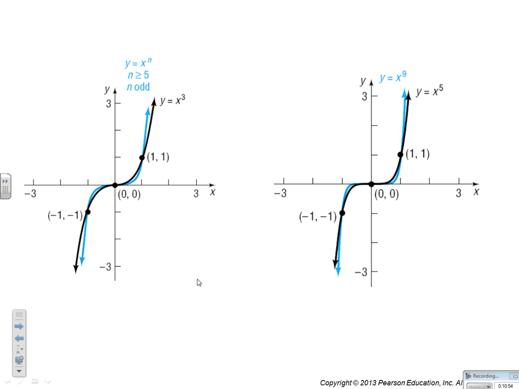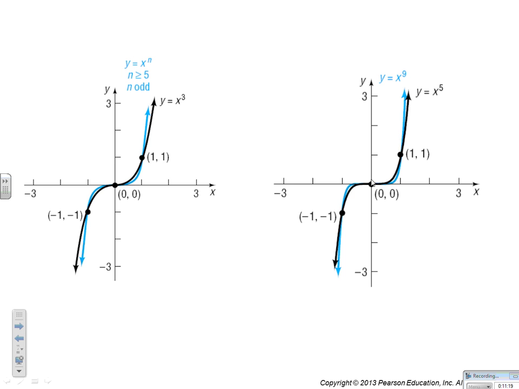All right. Odd functions. So when your exponent is odd, like x to the third and up, x to the fifth, x to the seventh, x to the ninth, you get a function that looks really close to our x to the third. It's our swimmer function. So you can tell if a function is odd by looking at it, if it resembles a swimmer.